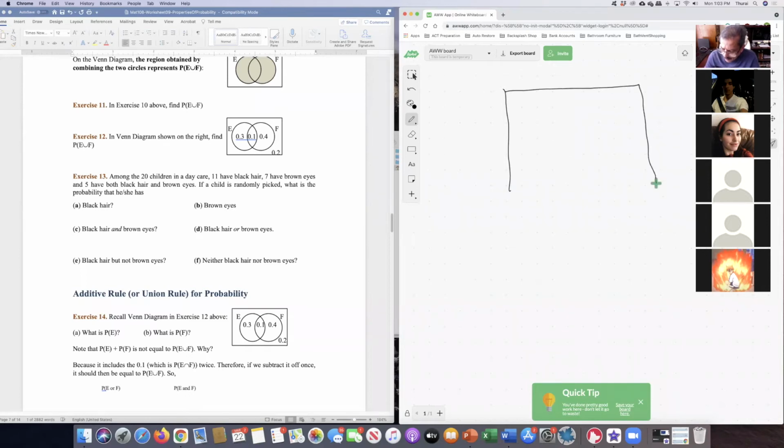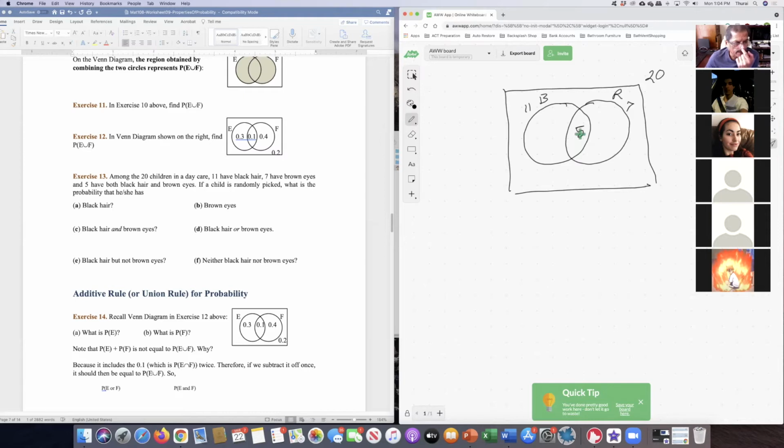Okay, so in the Venn diagram, we have 20 children in the daycare, so the count of the sample space is 20. 11 have black hair, and 7 have brown eyes. R for brown, 7. 5 have both, so 5 here. A child is randomly selected.